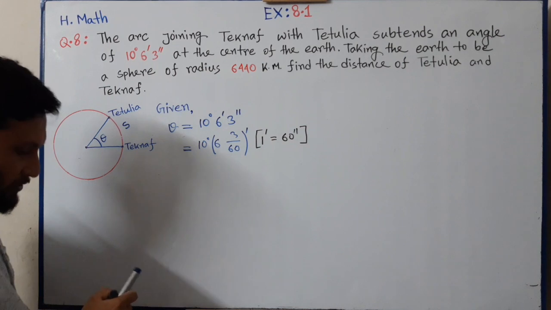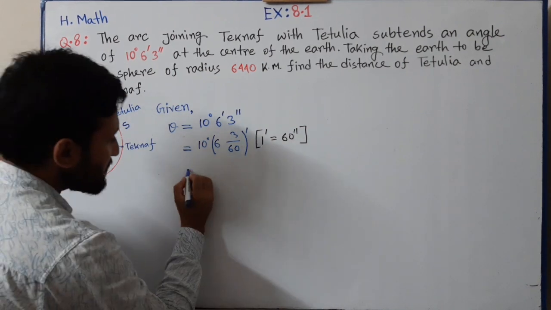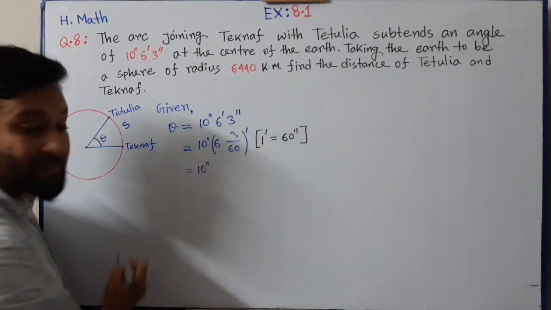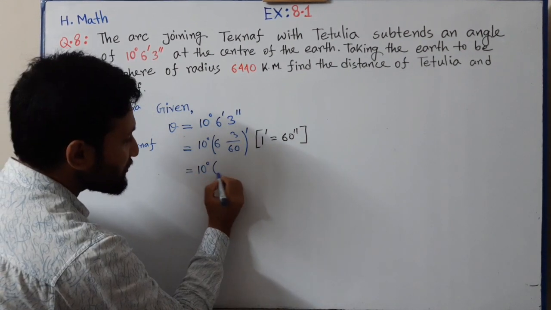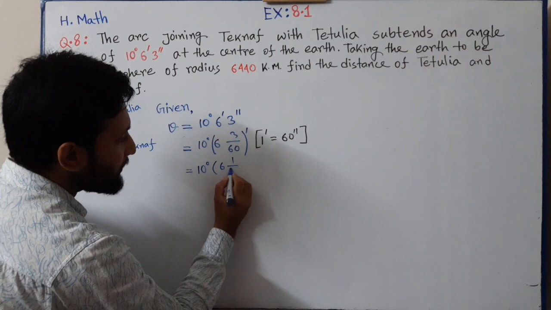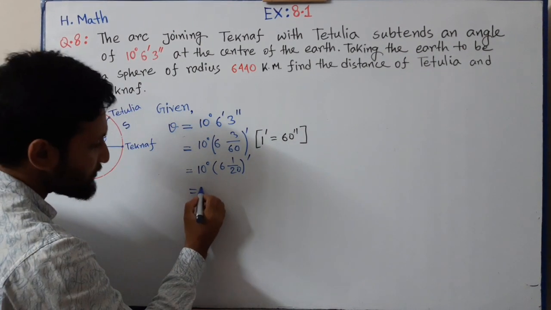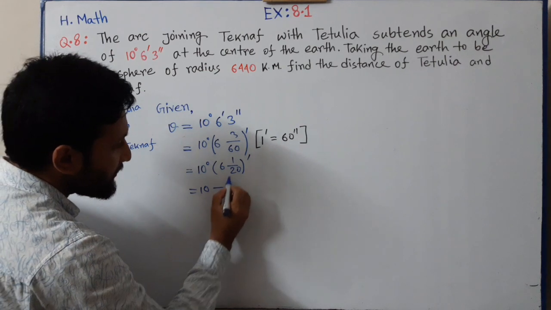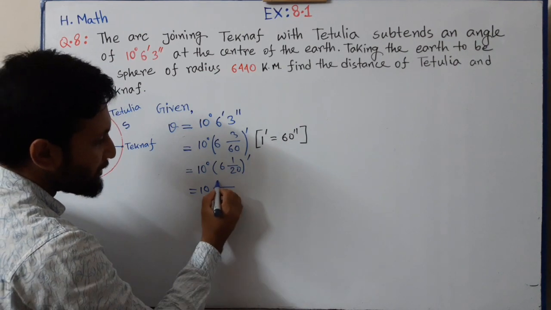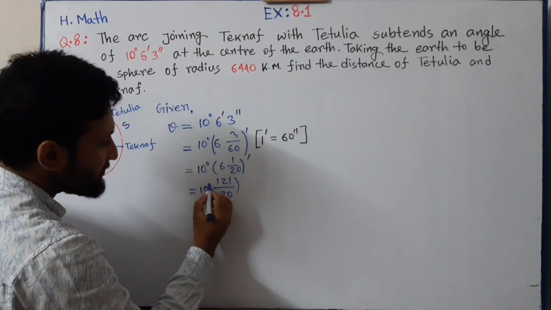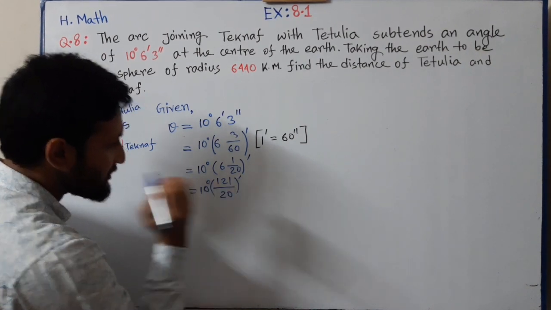Now again we can write by simple calculation: 3 divided by 60 means 1 by 20. So you can write 6 and 1 by 20 minutes. By simple calculation, 6 into 20 plus 1 means 121, divided by 20, in minutes.